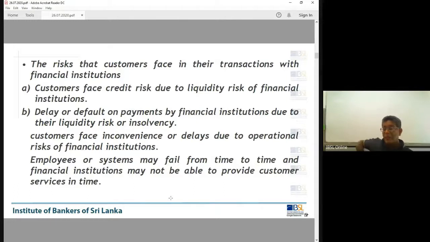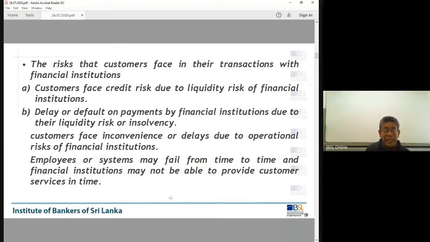Understood? Because of your liquidity risk, bank customers are facing the credit risk. Why? You are not in a position to pay me correctly, because I have to pay for my workers and all. So they are held up, my work, right? So you are facing a credit risk. Understood? Second one, right?